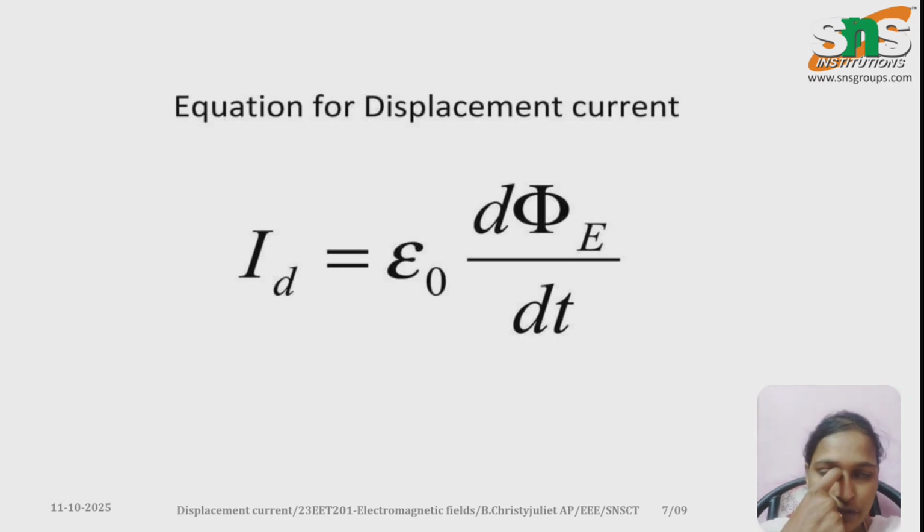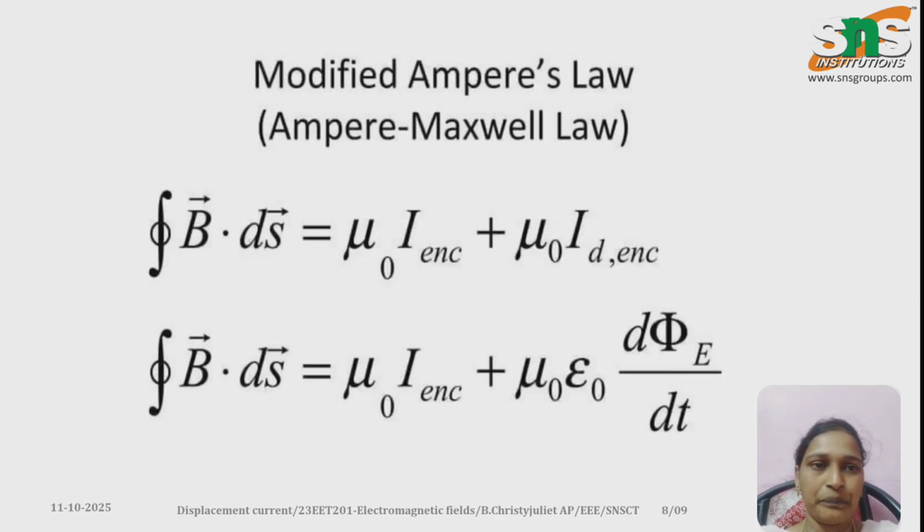The equation for displacement current is I_D is equal to epsilon naught d phi E by dt, because this displacement current is a result of change in electric flux. So I_D is proportional to the rate of change of electric flux with respect to time.